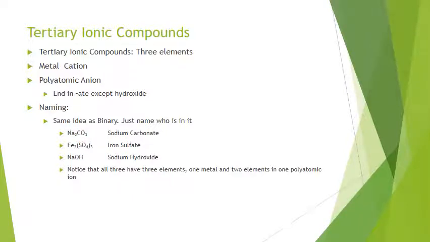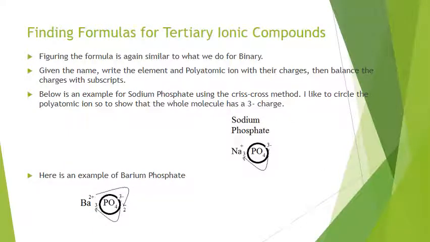All right, so now we're going to go the other way, and it's going to be very similar to what we just did. Finding the formulas is again similar to binary. Given the name, write the element and the polyatomic ion with charges, and balance the charges as before. So let's do sodium phosphate. You write sodium with the plus charge, and then phosphate is PO4 3-.